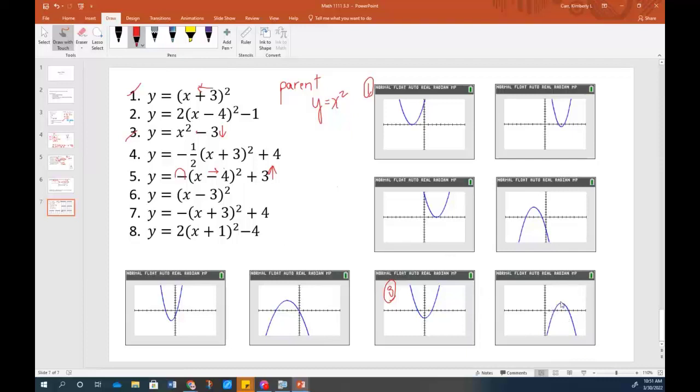That's got to be this one, right 4, up 3, and it's opening down. So that one is number 5. Now this one has moved to the right 3. That's the only thing that happened to it. So this appears to be number 6.